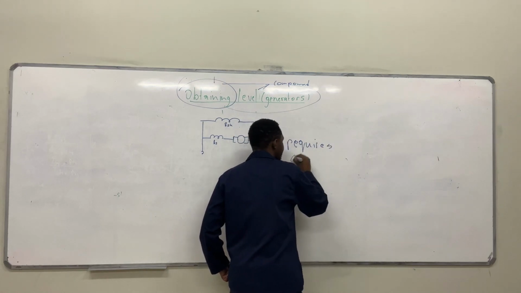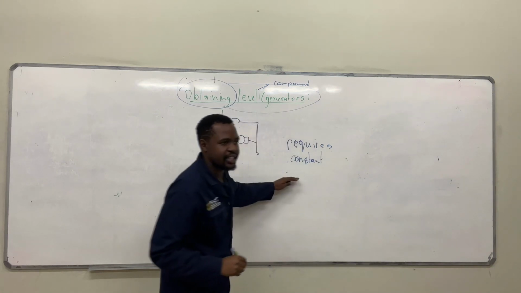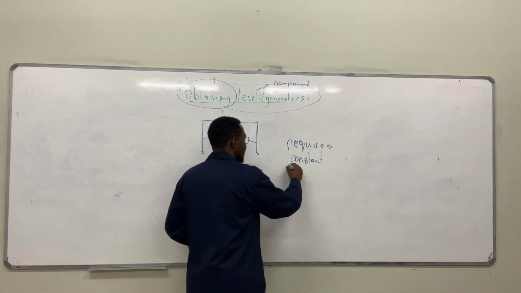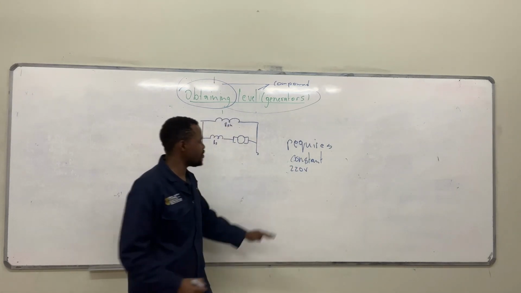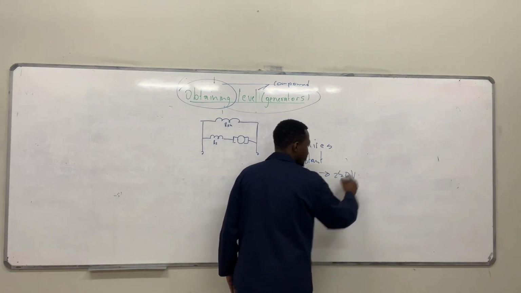A constant what? Voltage. At no load, it must be giving us 220 volts. Even at full load, it must be giving us 220 volts.